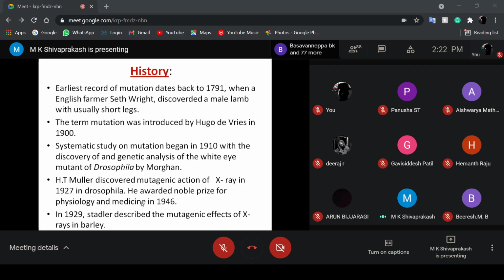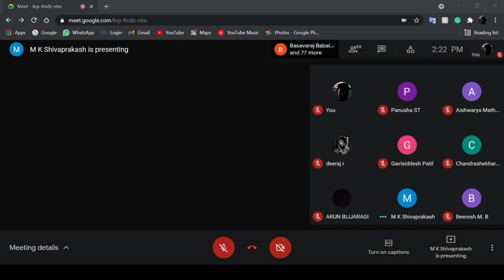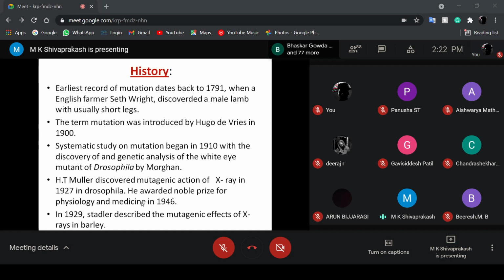And of course, the history, the people who have contributed in this particular field, goes back to 1791, where an English farmer found a male lamb with unusually short legs.